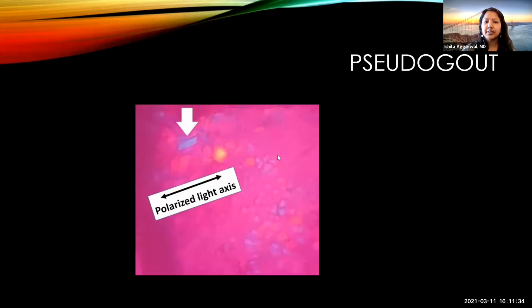Here you can see this rhomboid crystal on the electron microscopy that has been taken from joint fluid with somebody with pseudogout. There are some associated conditions with pseudogout, and we may screen for these, especially if the patient is younger or if there's some familial history of the condition.